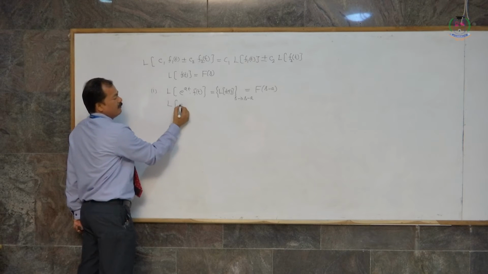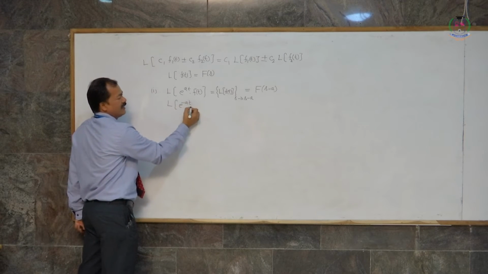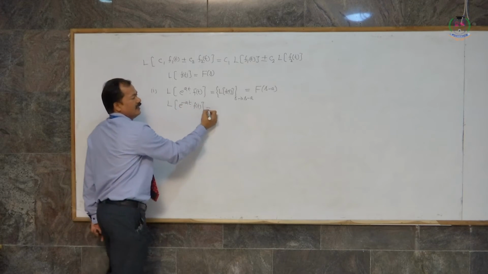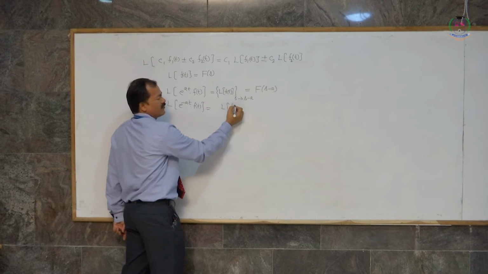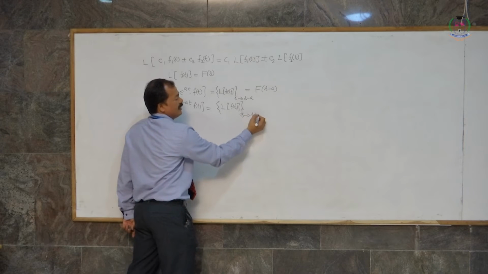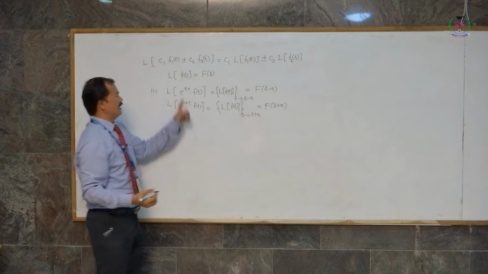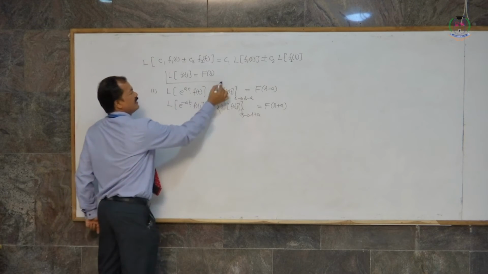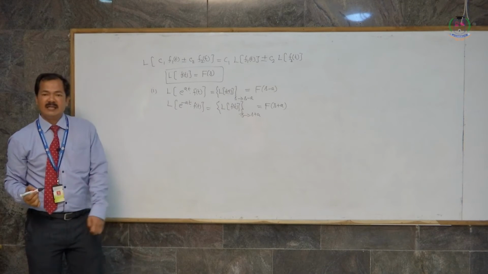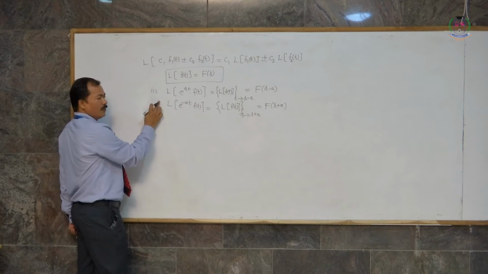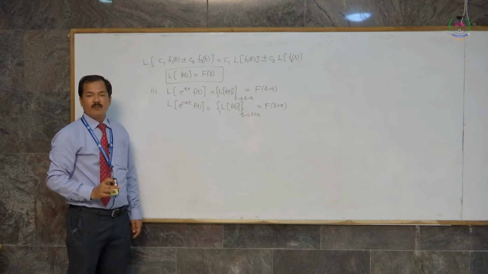If it is e power minus a t, L of e power minus a t into f of t can be written as Laplace transform of f of t replacing s by s plus a, that is the same as saying F of s plus a. Using this notation, L of f of t is denoted by capital F of s. This property is called shifting property.